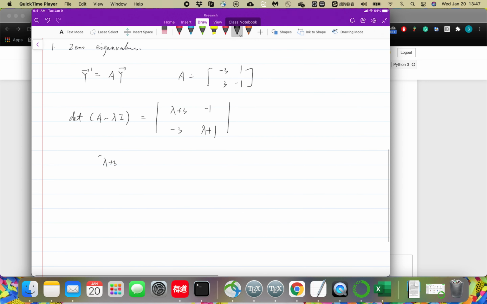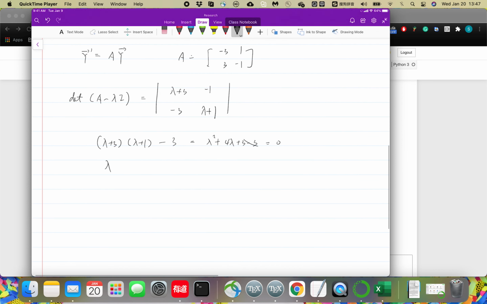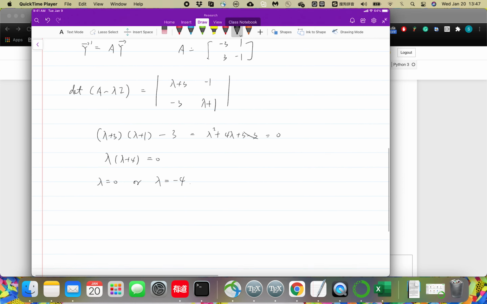We have lambda plus 3, lambda plus 1, minus 3. So we have lambda equals 0 or lambda equals -4.